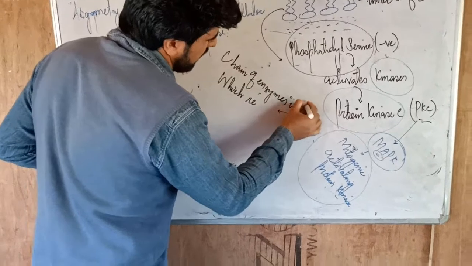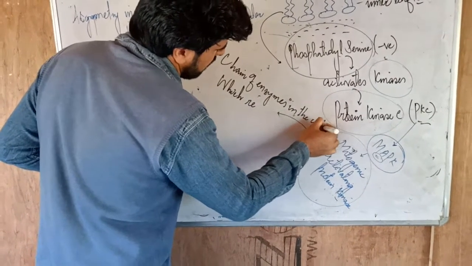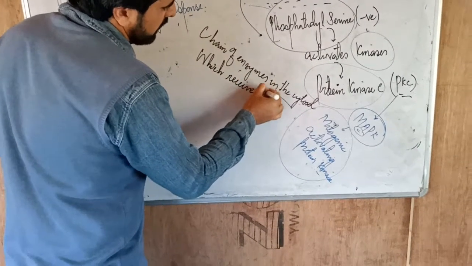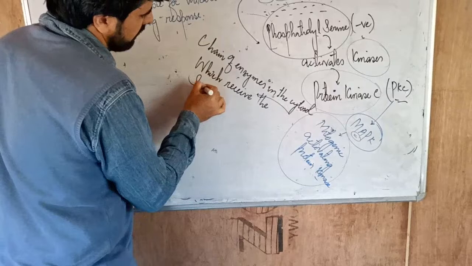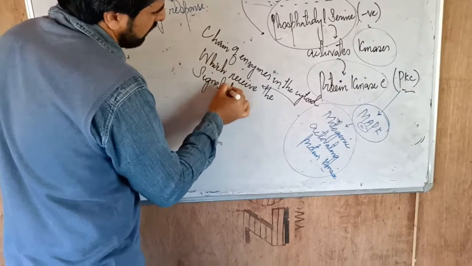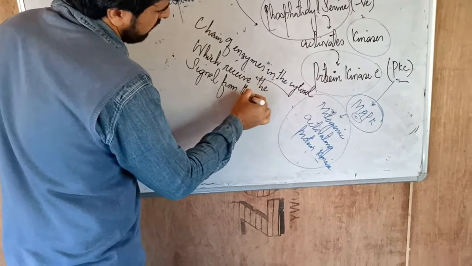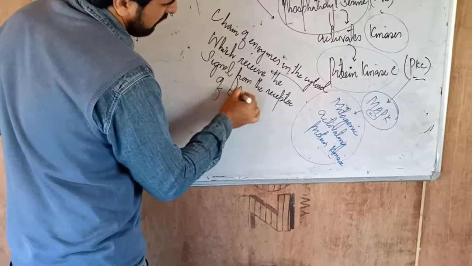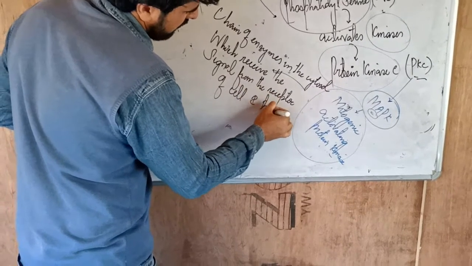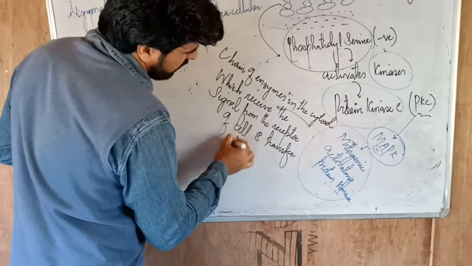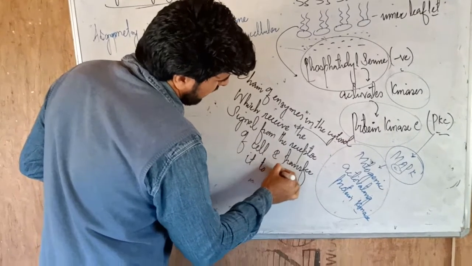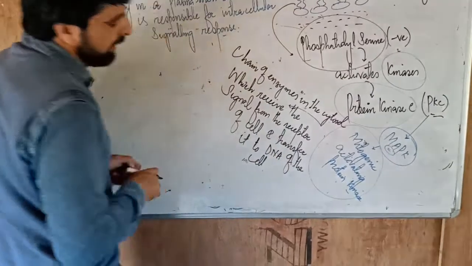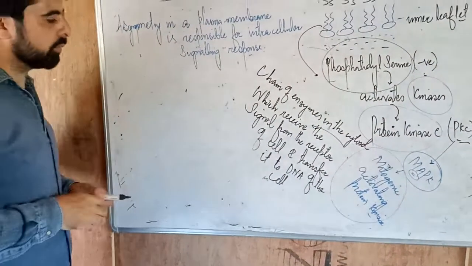So a chain of enzymes in the cytosol which receive the signal from the receptor of the cell and transfer it to the DNA of the nucleus, or DNA of the cell. If anybody asks you what this mitogen activated protein kinase actually is, it is nothing but that.